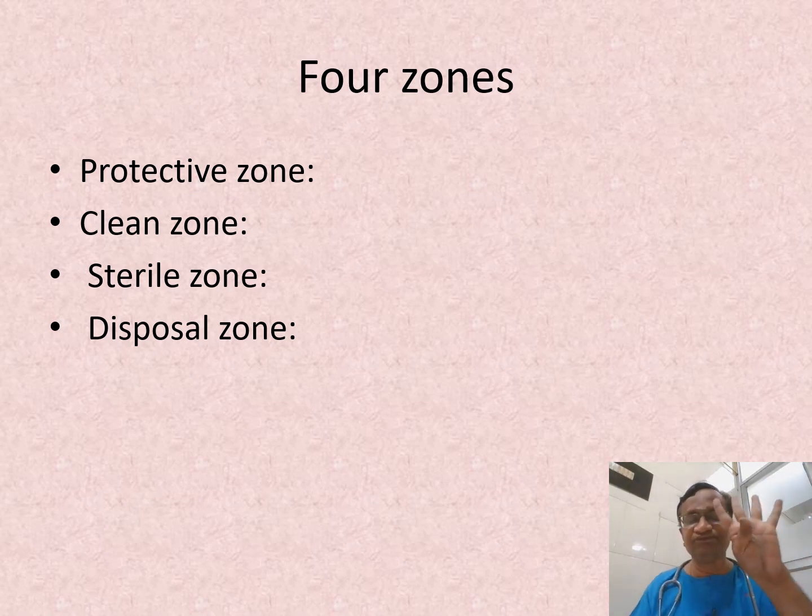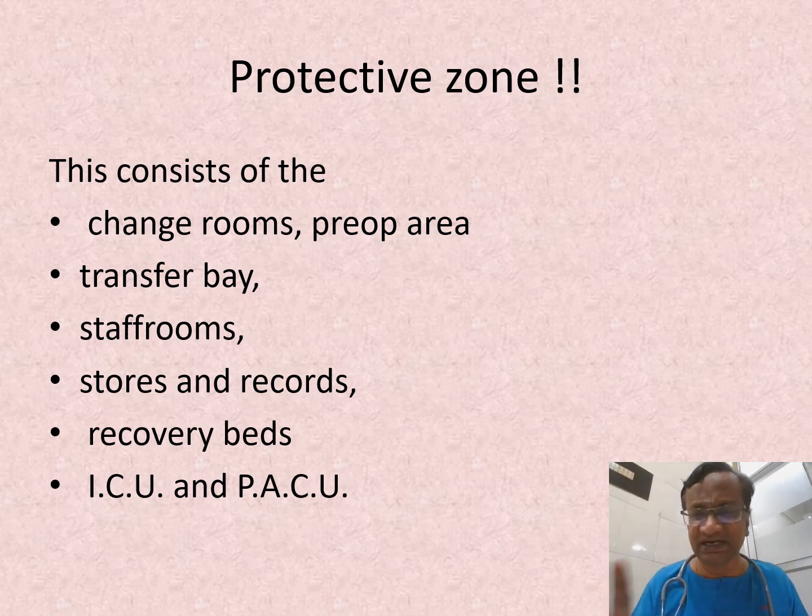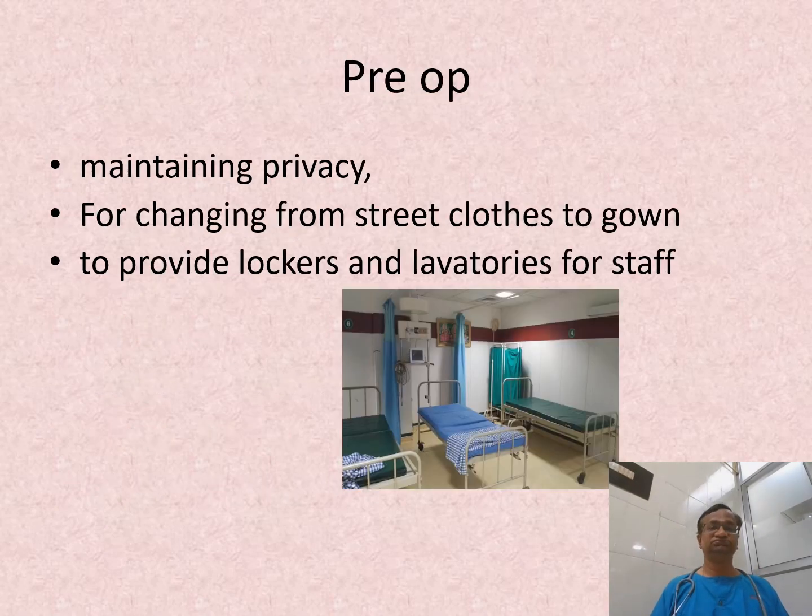Now we divide it into 4 zones: protective zone, clean zone, sterile zone, and disposal zone. What is protective? Protective means we are clean and it is not necessarily sterile. We have change rooms, pre-operative areas, transfer-based staff rooms, sometimes stores and records, and post-operative care units.